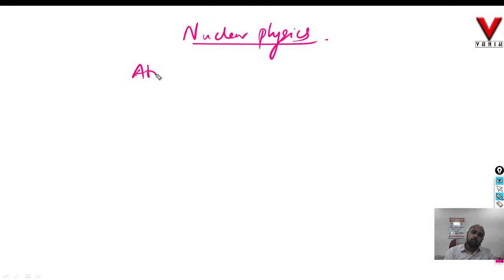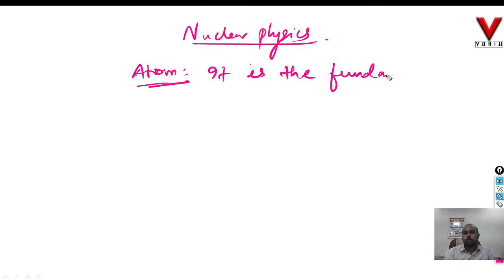Let us deal with something about atomic and nuclear physics. Let's understand atom first. It is the fundamental particle of an element.